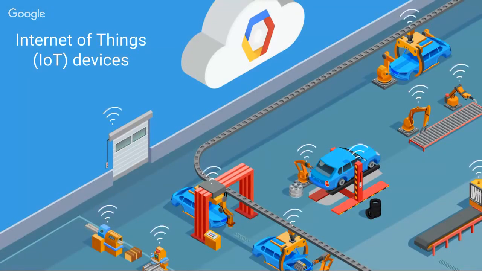So Google Cloud IoT is a set of services that allow you to manage your inventory of devices, manage the configuration of those devices, automatically push updates to the operating system, for example, and then obviously take all the data and use our analytics tools to actually visualize it.